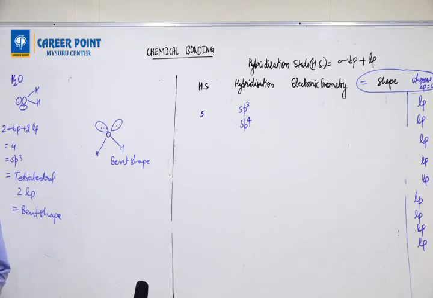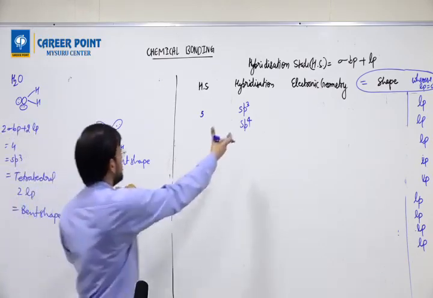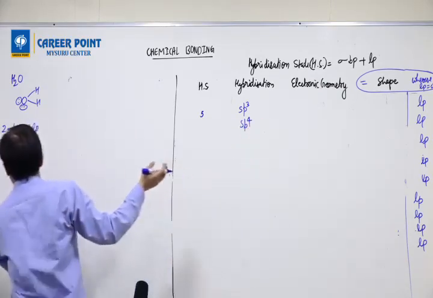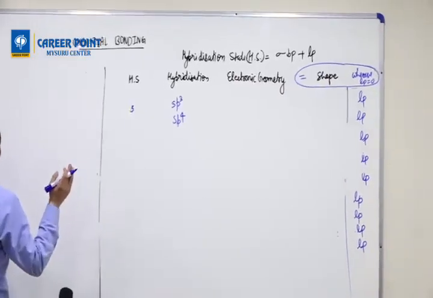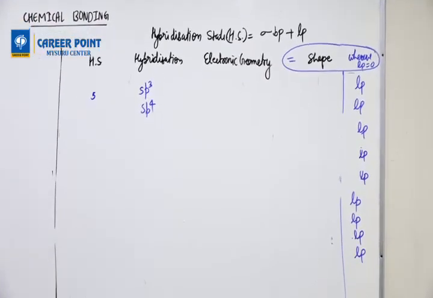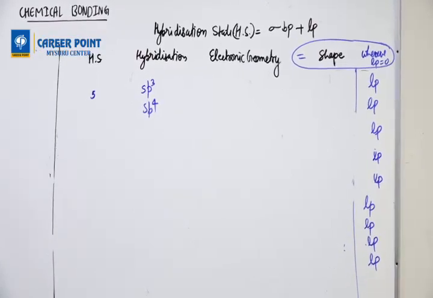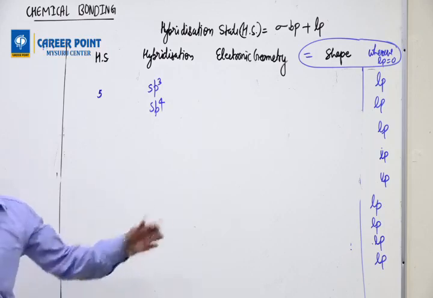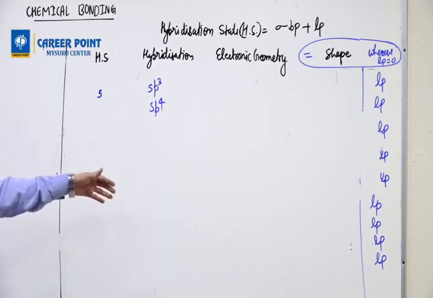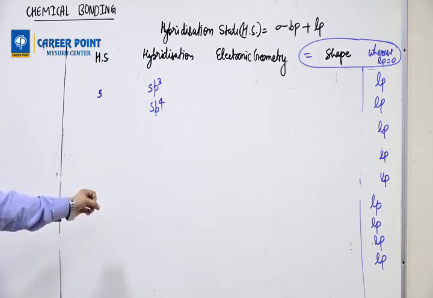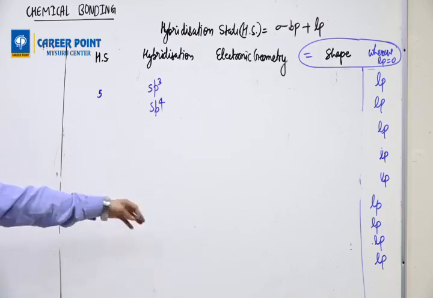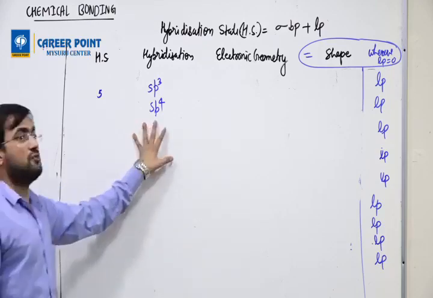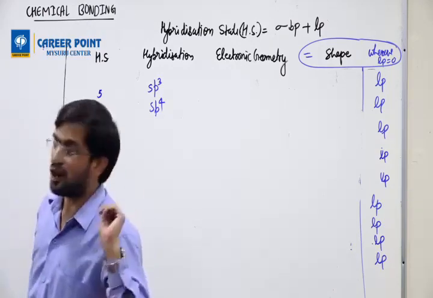Tell me. We can't write sp4 because p does not have 4 orbitals.